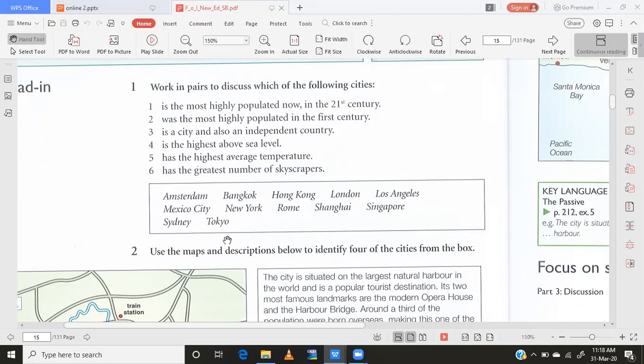Okay. And last one, which of the following cities has the greatest number of skyscrapers? New York or Hong Kong or Singapore? It's of course Hong Kong.